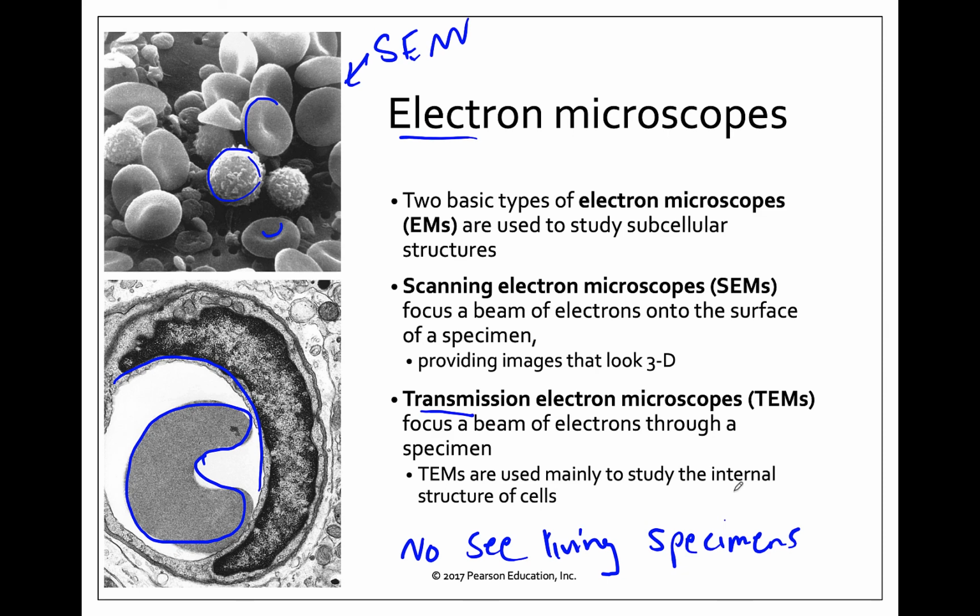Light microscopes don't harm the actual specimen. Scanning electron and transmission electron, in order to get the beam of electrons to interact with the specimen, you have to actually damage and kill the specimen to prepare it for these microscopes. So it's a trade-off between resolution and being able to see these tiny, tiny things versus being able to see complex processes that are actively working.